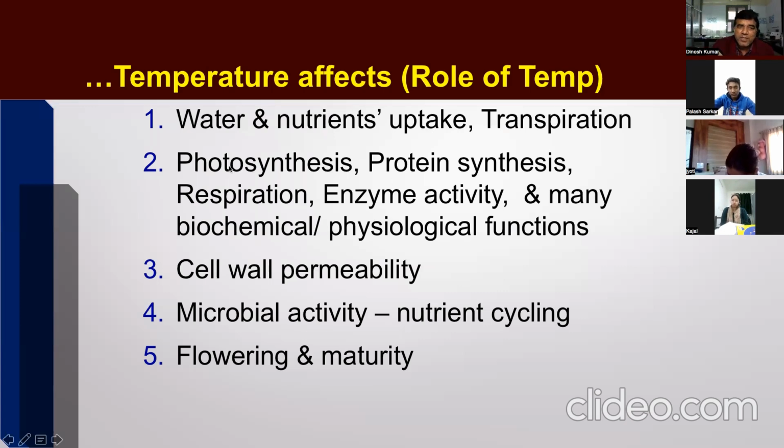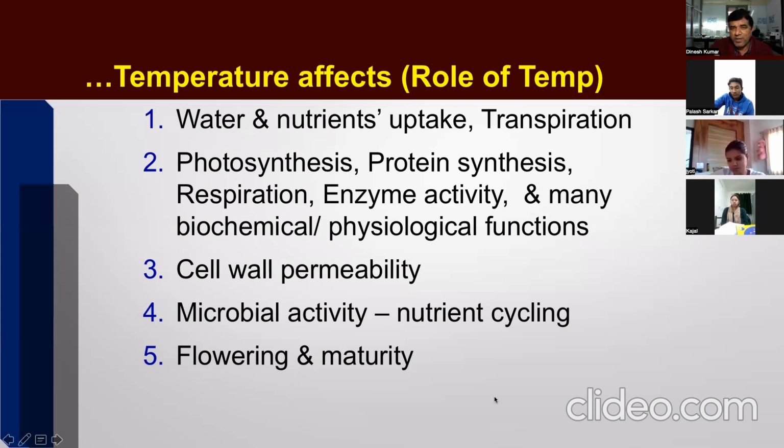So temperature, you see, is necessary for several things in the plant. Cell wall permeability. If cell wall is not permeable, your nutrients and water uptake will be affected adversely. See, microbial activity can be affected. So this is indirect role of the temperature.